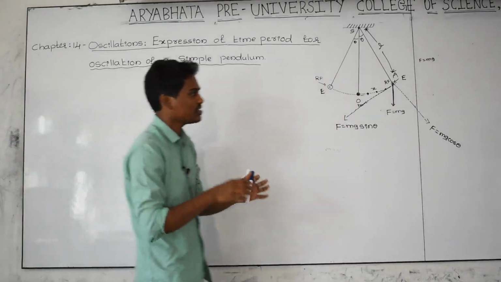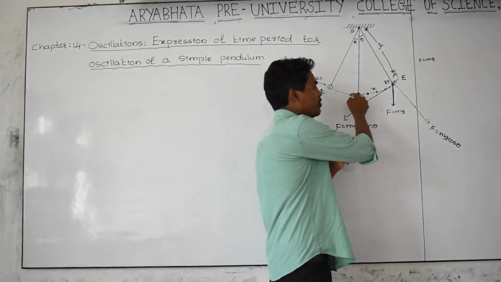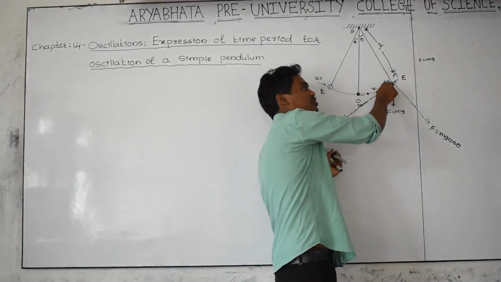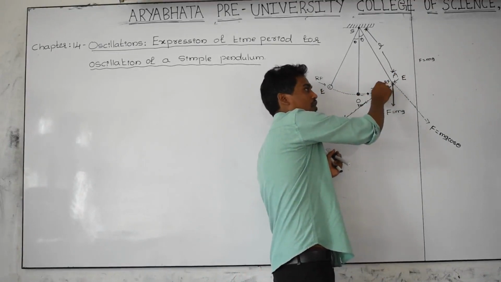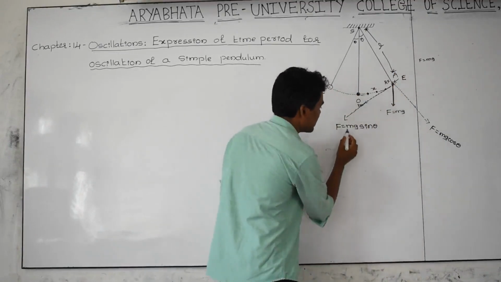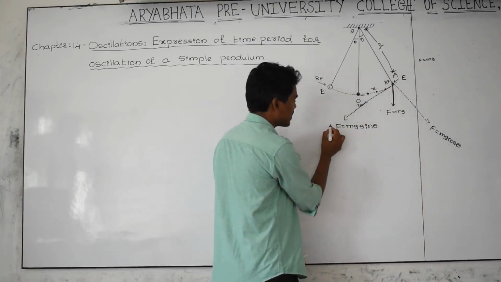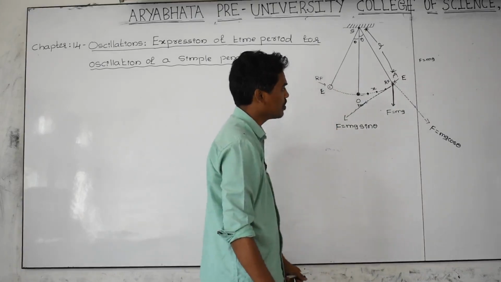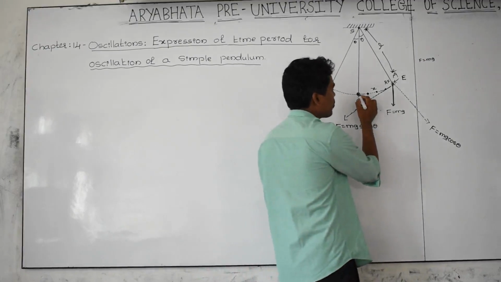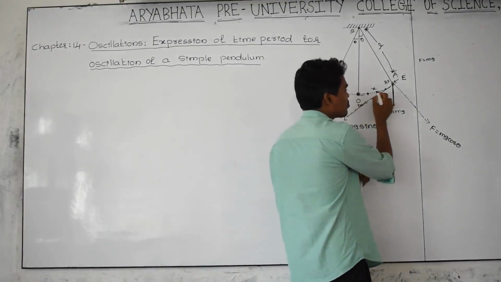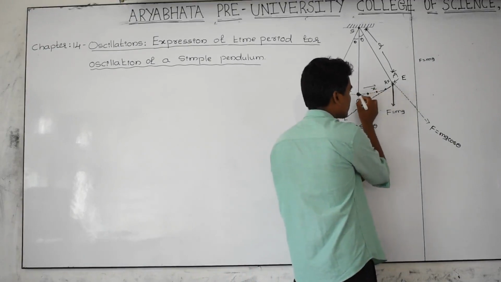And here, observe carefully: when the object is at this point, in this direction which force is acting? Restoring force. That's why mg sin theta is nothing but a restoring force. And the displacement from the mean position is this one, indicated as x.